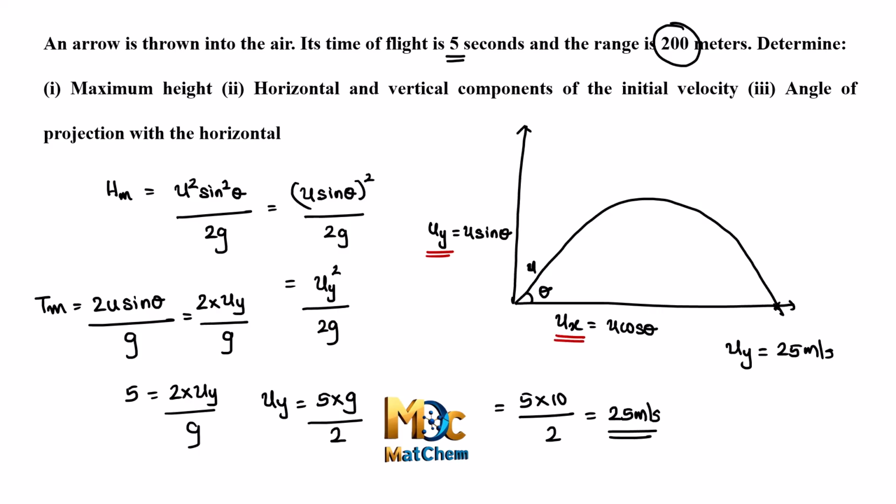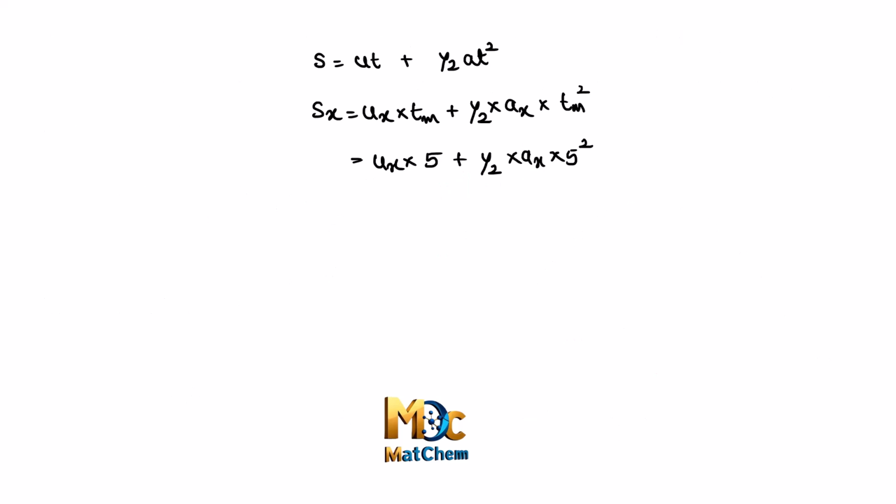Only the velocity component along the y-axis changes because it is under acceleration due to gravity. That means uy changes, so there is a corresponding acceleration component along the y-axis equal to minus g. But the velocity component along the x-axis remains constant. That is why the acceleration component along the x-axis is equal to 0, because there is no change in velocity.